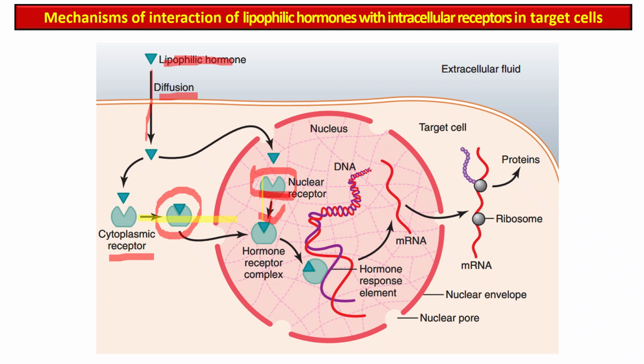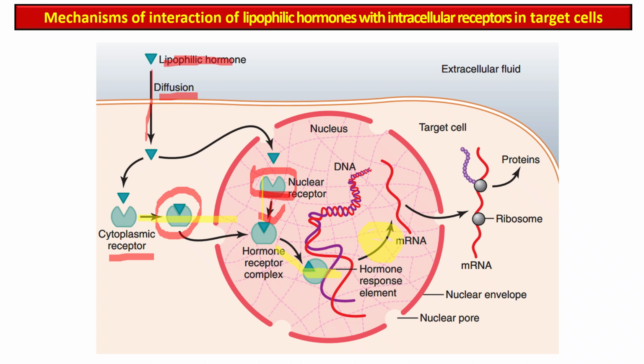So this hormone receptor complex binds to a specific region in the DNA, the hormone response element, and hormone response element binding will result in the start of the gene transcription. There is activation or repression of the transcription of the target gene.